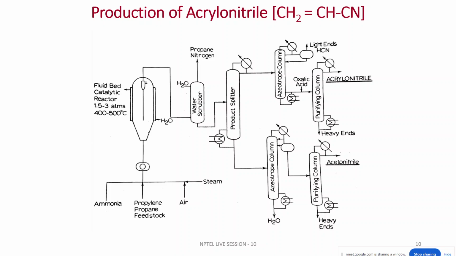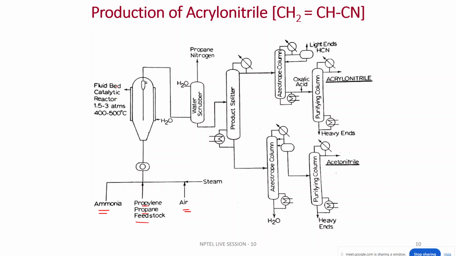So now let's discuss the production of acrylonitrile by that method using this flow sheet. So this propane feedstock which is coming from the refinery gas stream is mixed with ammonia and also the air and oxygen and it is pressurized and fed to the fluidized bed catalytic reactor.